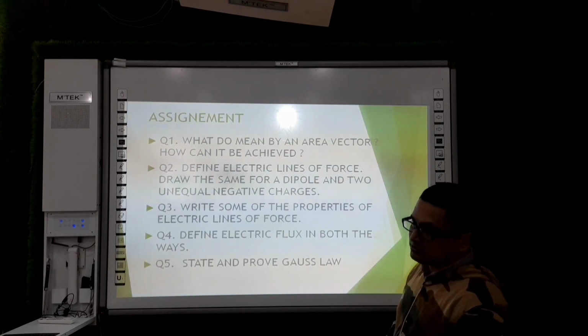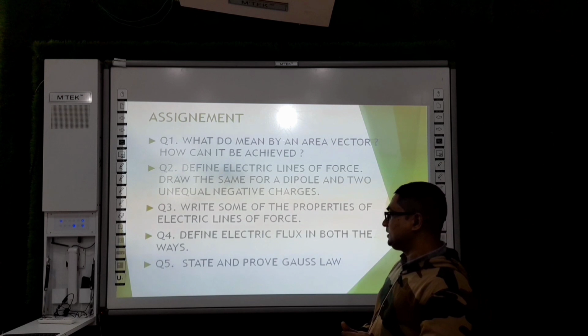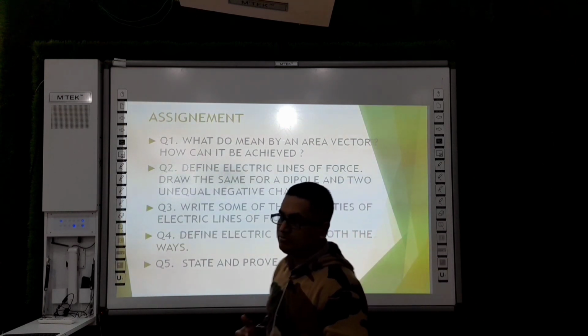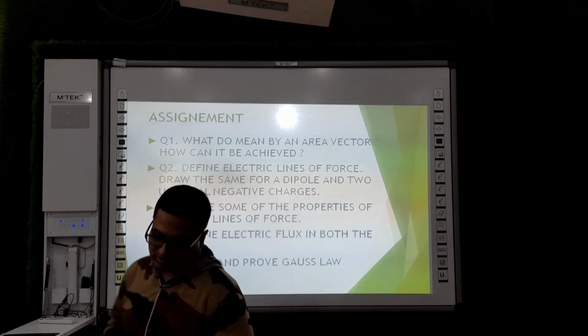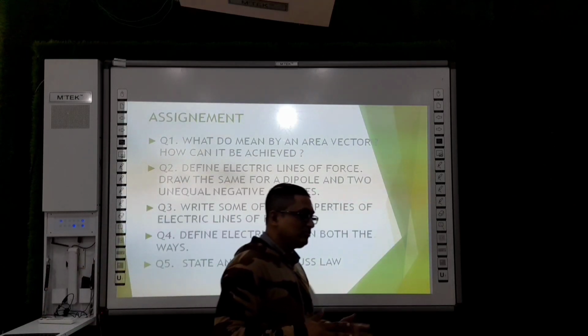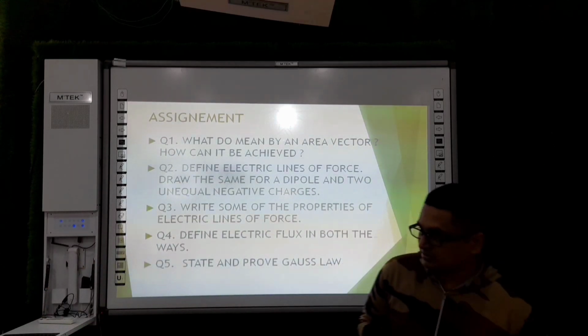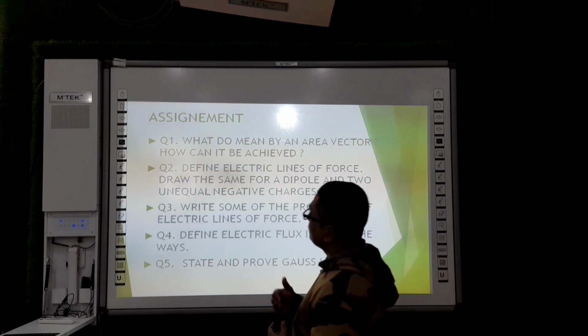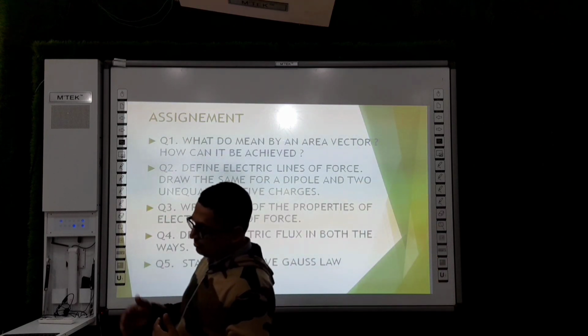And some of the properties of electric lines of force, and the definition of flux in both qualitative and quantitative ways. And finally, the statement and the proof of Gauss law, which are all here. So you can try it at home and then understand the topic very well.